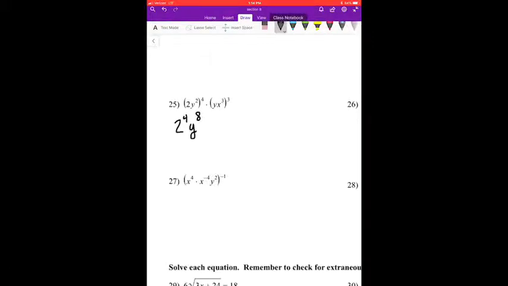Keep the base, multiply the exponents when you have a power to a power. Times y raised to the 3rd power, x raised to the 9th power. All right, can we simplify 2 to the 4th power? Yeah, it's 16. So I'd have 16.